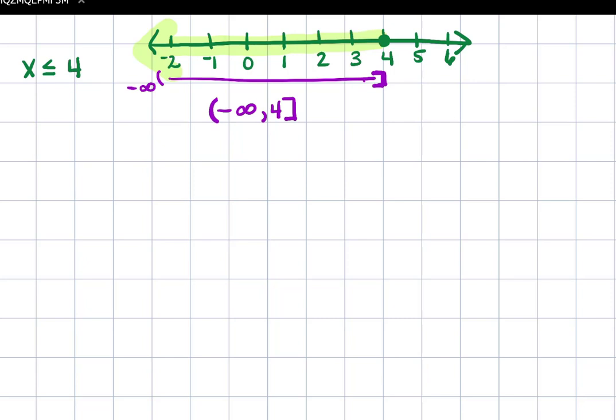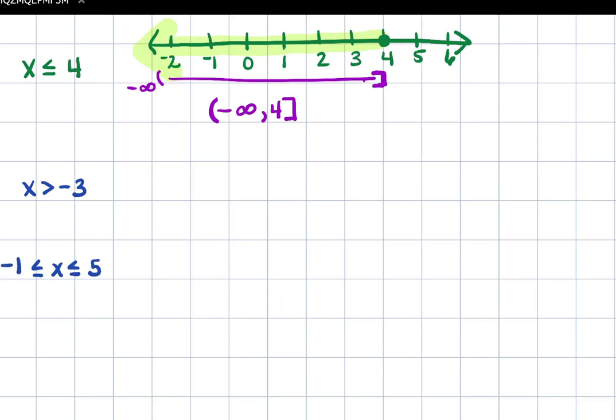So you guys try these. X is greater than -3, and x is less than or equal to 5, but greater than -1.